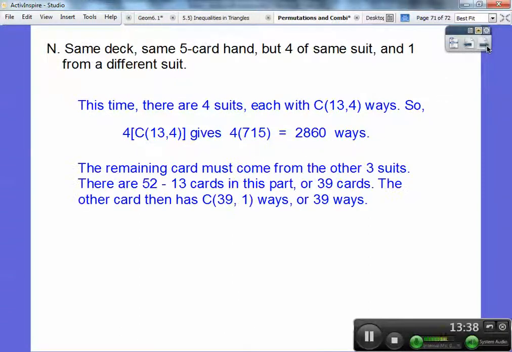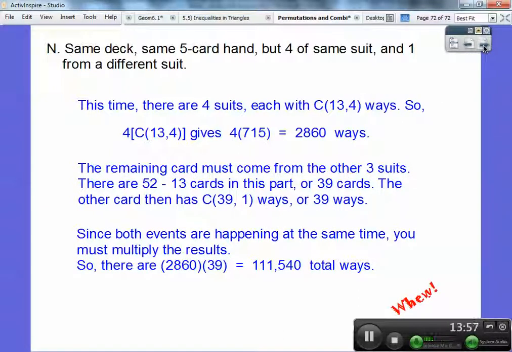And then the remaining 1 card has to come from the other 39 cards, because there's 13 cards out of the one suit, and so there's 39 cards out of a different suit. So that one's going to be 39 choosing 1, so I get 39 ways. When they both happen at once, I have to multiply those answers together since they're both happening together. So 111,540 total ways. And yes, sirree.